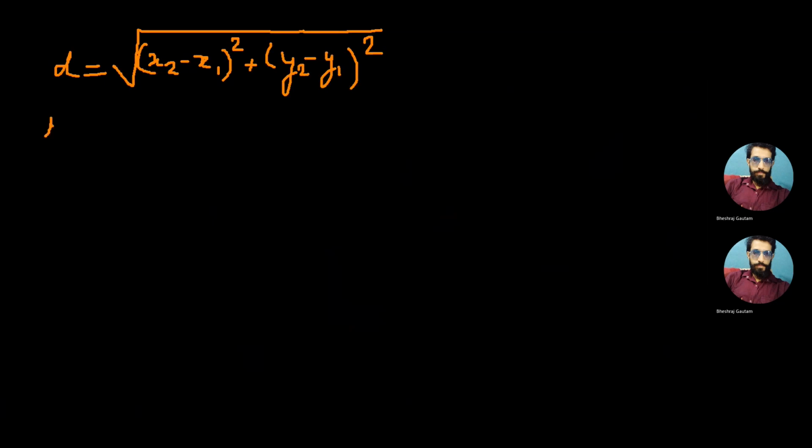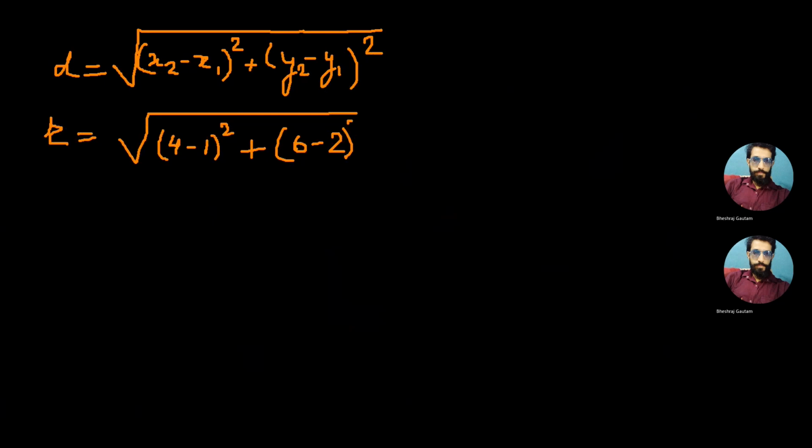Now d is replaced by radius since we are calculating the distance joining the center and the passing point of a circle, that is considered as a radius here. So we write x2 as 4 and minus x1 as 1 here whole square plus y2 6 minus y1 2 whole square.